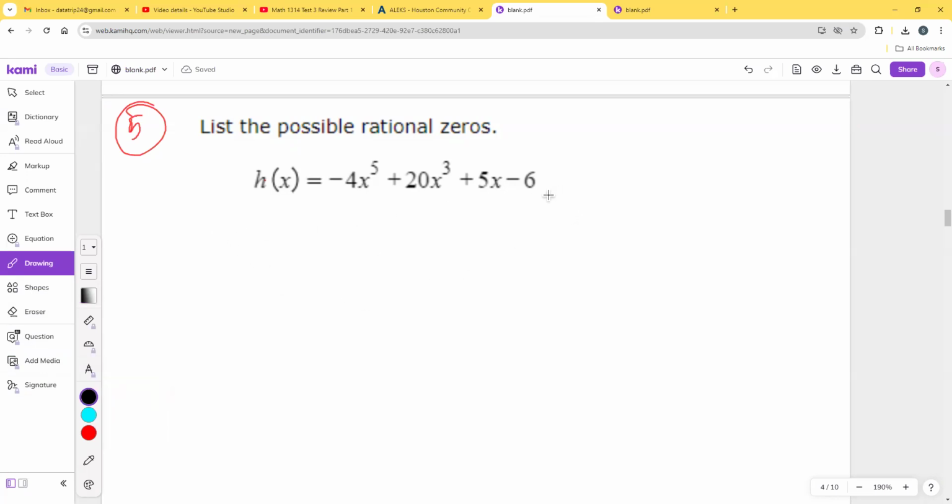What number do I look at first? The last number. The sign doesn't matter, so we just have a 6. We can divide the 6 by 1. We can divide the 6 by 2. We can divide the 6 by 3. We can divide the 6 by 6. These are called factors of 6.